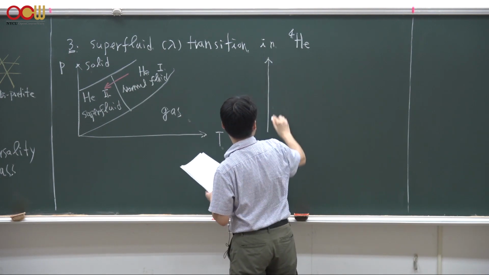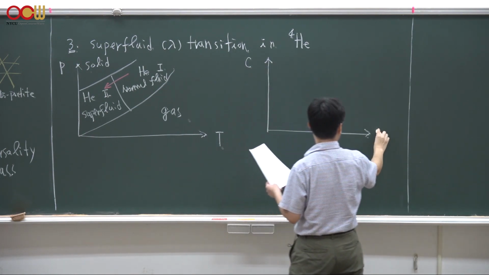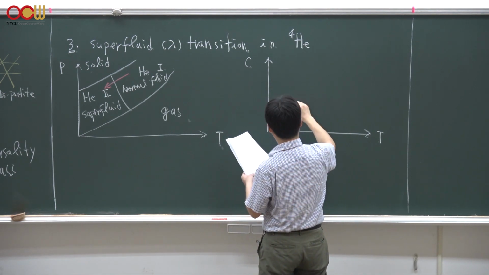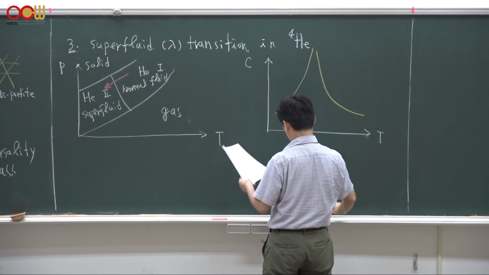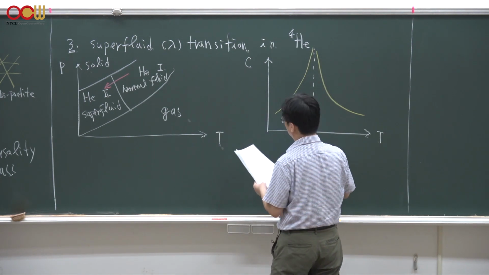The word lambda in this lambda transition refers to the shape of the specific heat near this transition temperature. This is the shape of the specific heat, and this is T lambda.